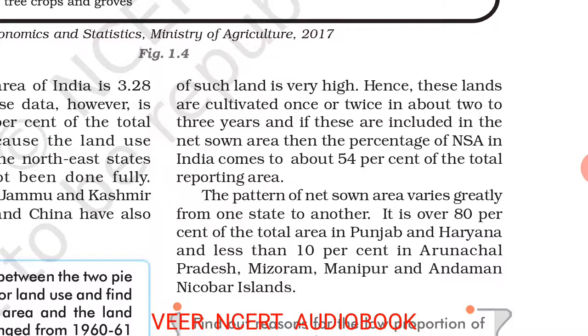Hence, these lands are cultivated once or twice in about 2 to 3 years, and if these are included in the net sown area, then the percentage of NSA, that is net sown area, in India comes to about 54% of the total reporting area.